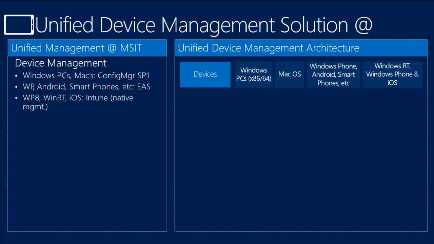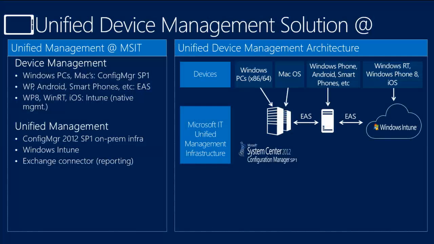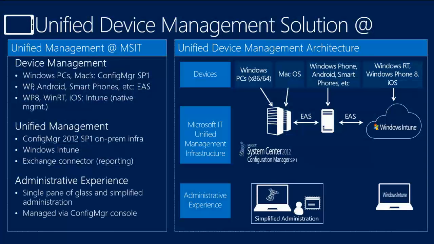But now we're able to provide a unified solution. We have Config Manager still managing PCs and Macs. We have the Intune connector set up, which helps us manage the Windows Phone 8, Windows RT, and iOS devices, and hopefully sometime in the future Android devices, but that's still out there.